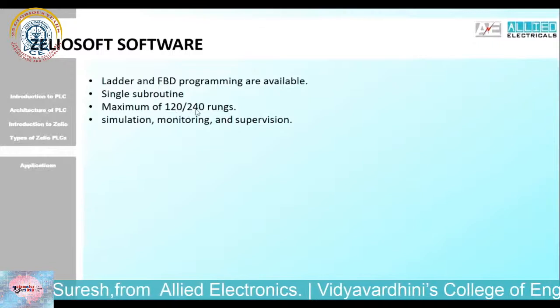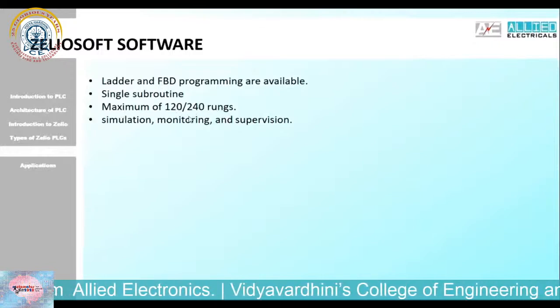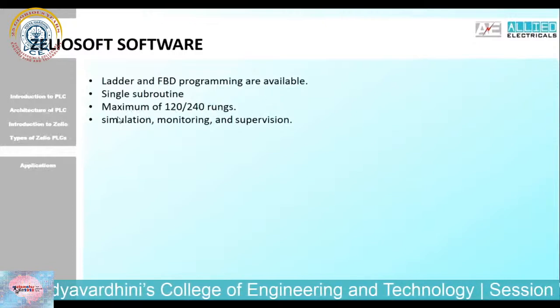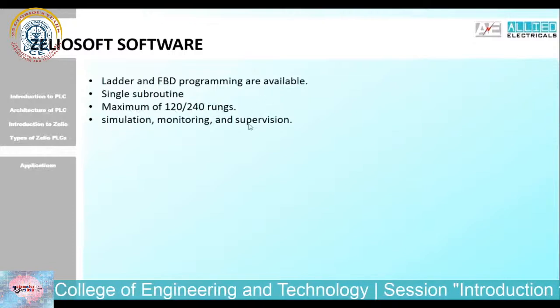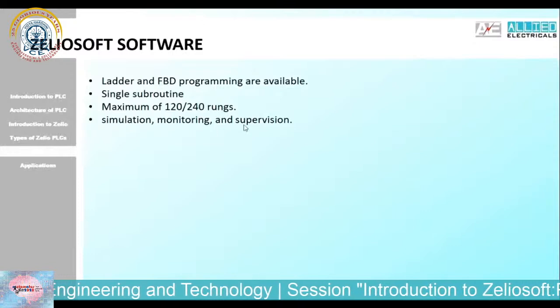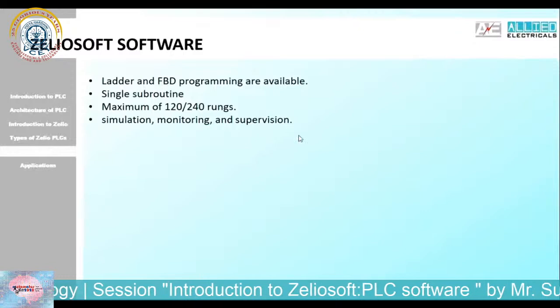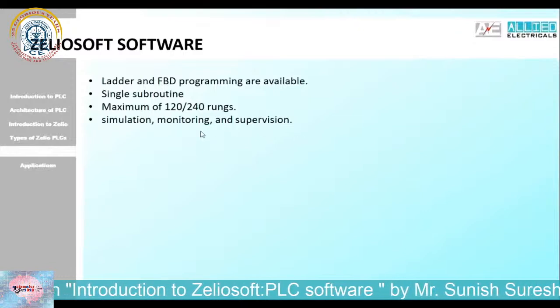That depends upon the model which you choose. And also the program has a built-in simulation, so you can simulate your program within the software itself, so you don't need a PLC for that. And also other features such as monitoring and supervision are also available.